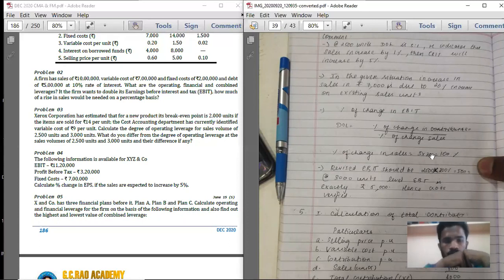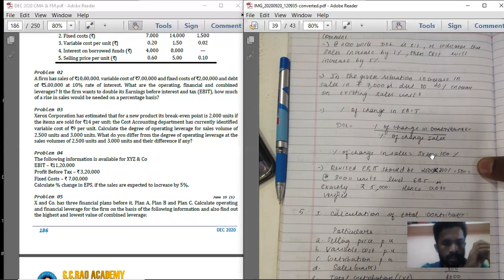2,000 units, so 2,000 into 14. What is 2,000 into 14? That is 28,000. And there is an increase of 500 units, so 500 into 14, that is 7,000. So okay, there has been an increase of 500 units, and 1,000 is due to a 20% increase in existing sales.